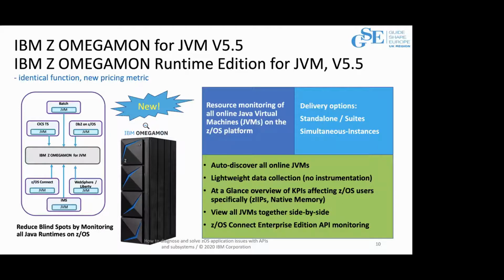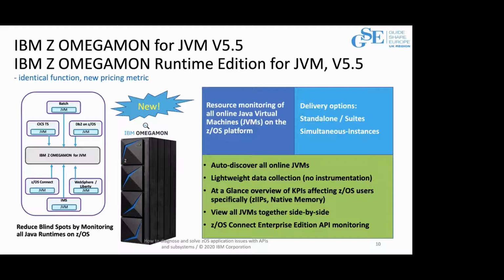Native memory consumed by the JVM itself or the virtual machine within a language environment enclave is also monitored. While Omegamon for JVM is a general monitor for all JVMs or Java, this product also includes specific monitoring for zOS Connect resources, as I said, and we'll go into more details further on. And more importantly, the zOS Connect APIs that are within that.